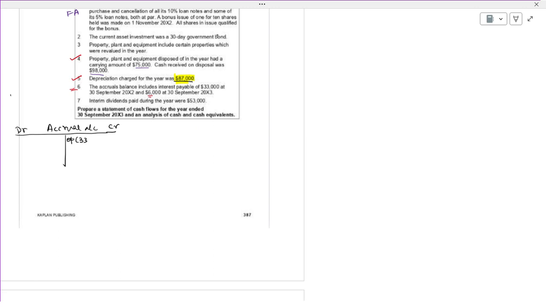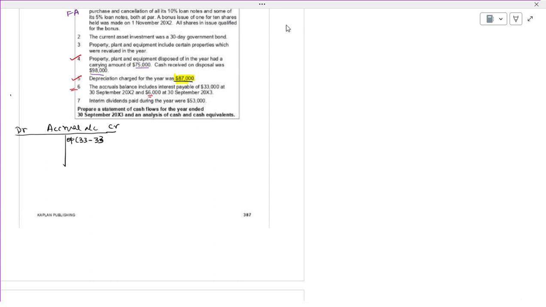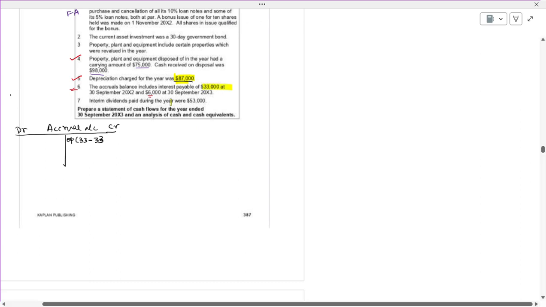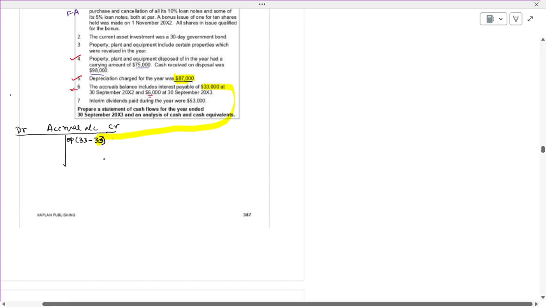They say that in this liability there is interest. How much interest is there? 33,000.